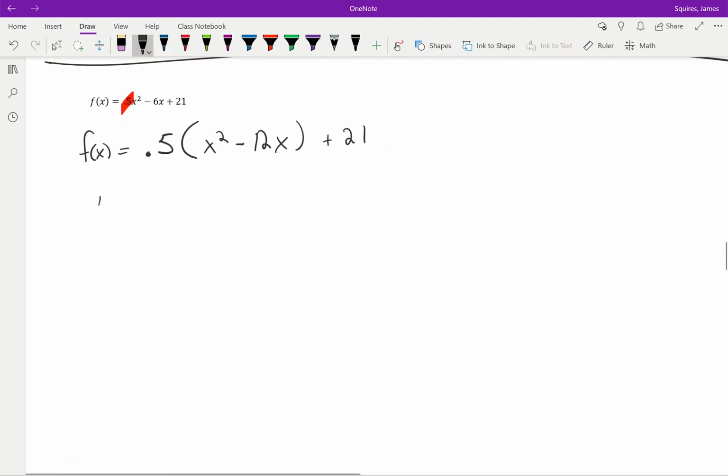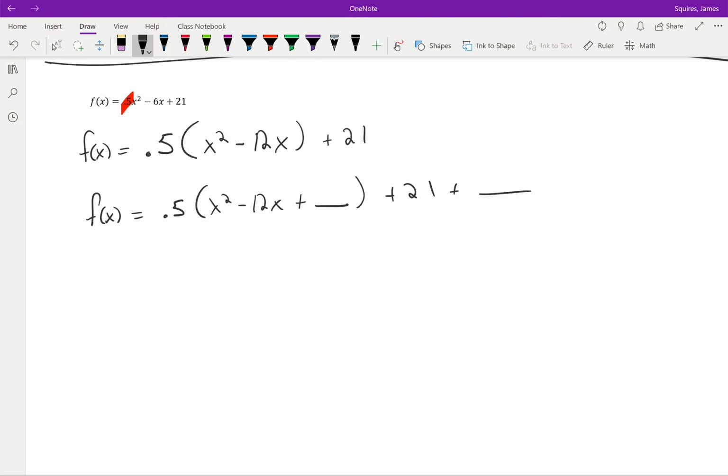Now we're going to write f of x equals 0.5 times x squared minus 12x plus something, plus 21 plus something. Alright, so now we want to make this parentheses a perfect square.